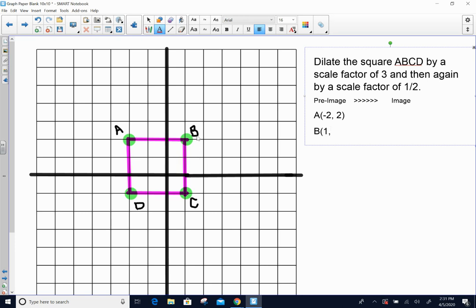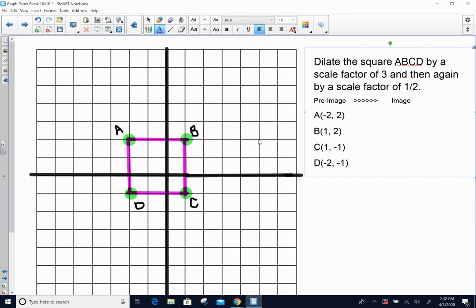And we go up 1, 2. That's a +2. Point C, I'm going to the right 1 and down 1. So my X value is +1. Since we went down, Y is now -1. And my point D, I went to the left 1, 2. So that's a -2. And I went down 1. So that's a -1.